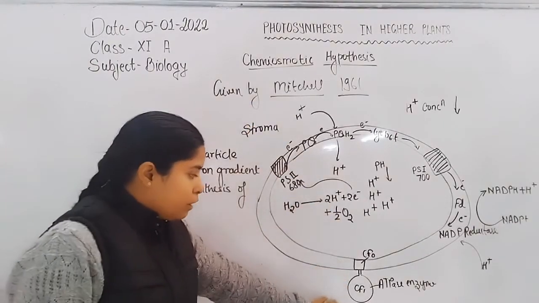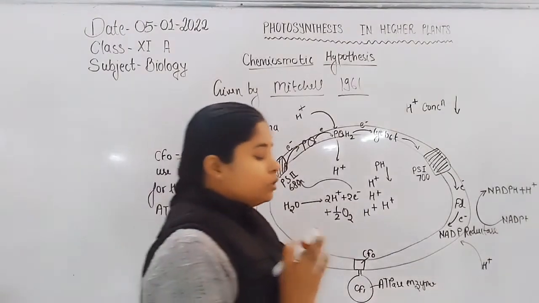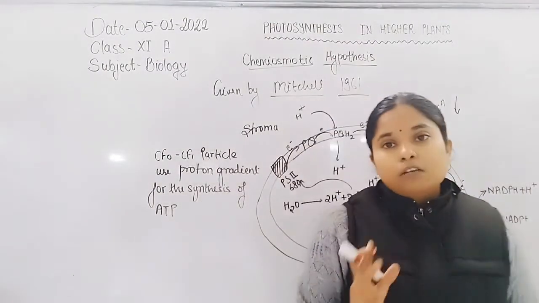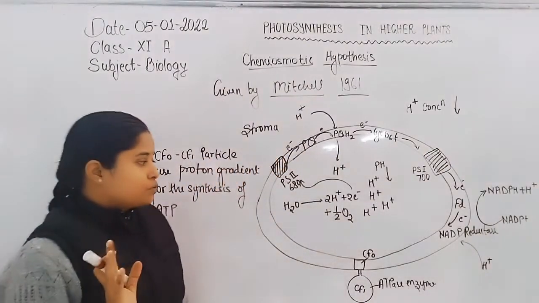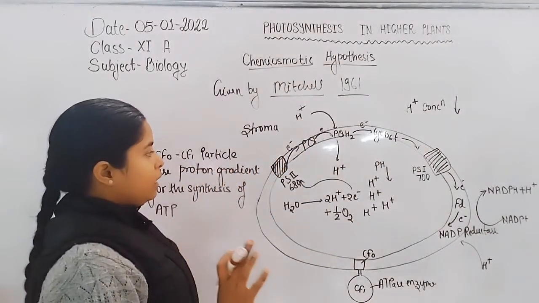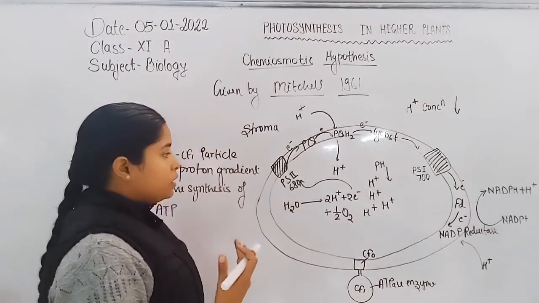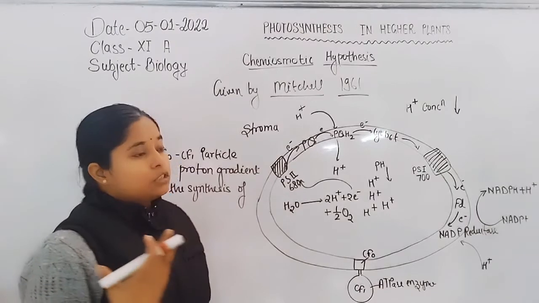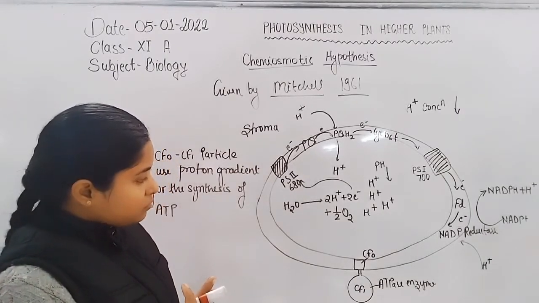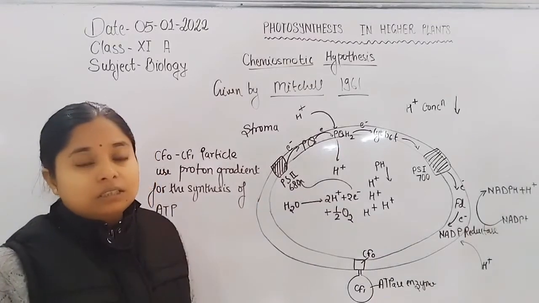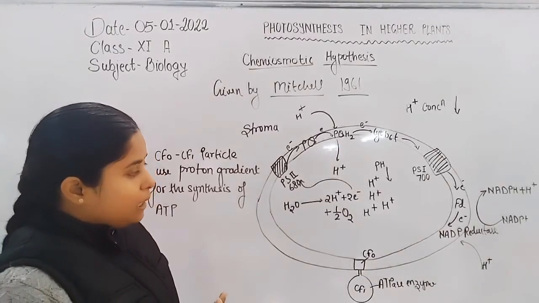That's why the FOF1 particle functions, because we know that non-cyclic photophosphorylation happens in the thylakoid membrane, whereas cyclic photophosphorylation happens in the stroma lamellae.